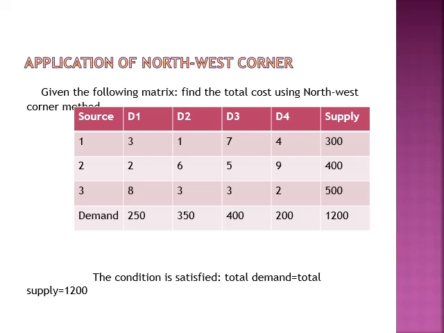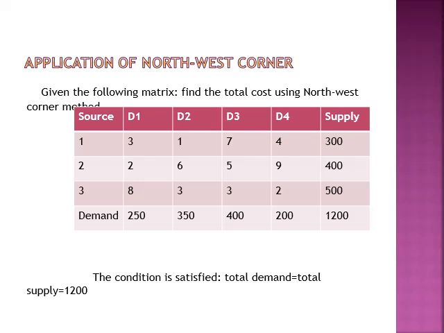Now this matrix has 4 marketing centers: D1, D2, D3 and D4, and has 3 sources of production: production center 1, production center 2, production center 3.